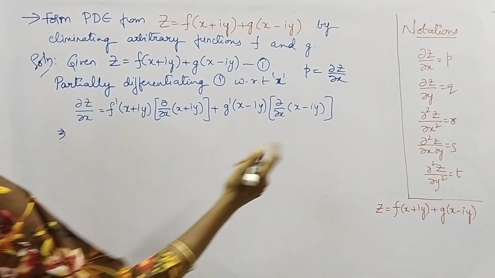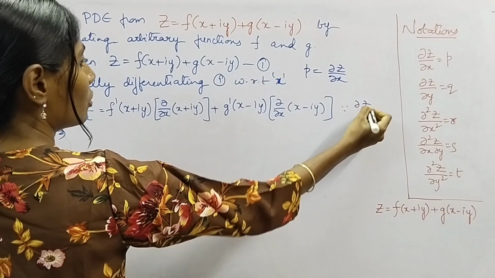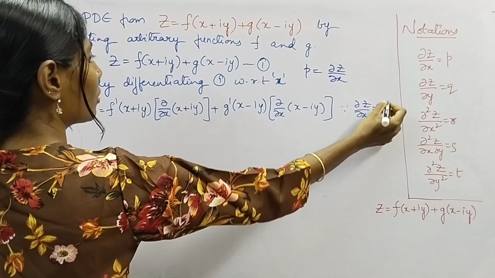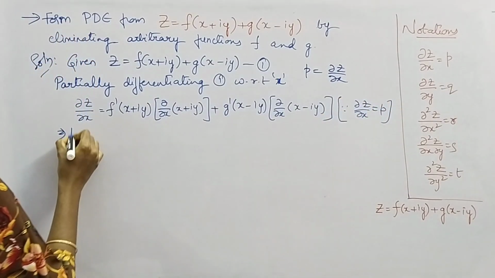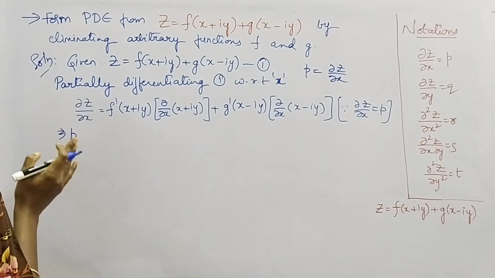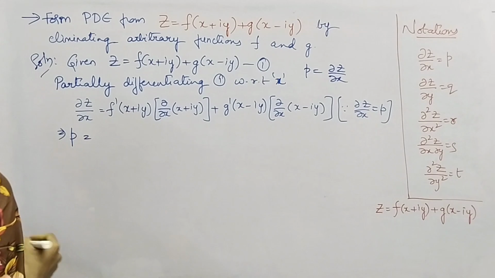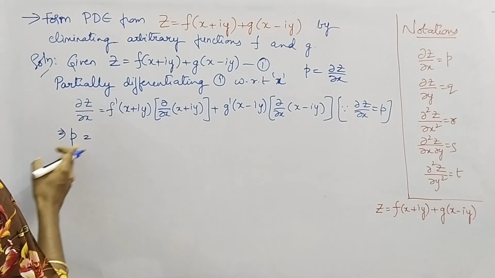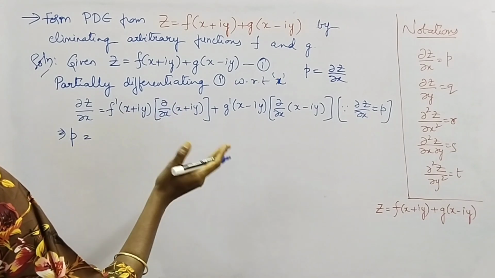Since we have a notation, dou z by dou x equal to p, this gives us p equal to, we'll just replace it by p because we are having notations.